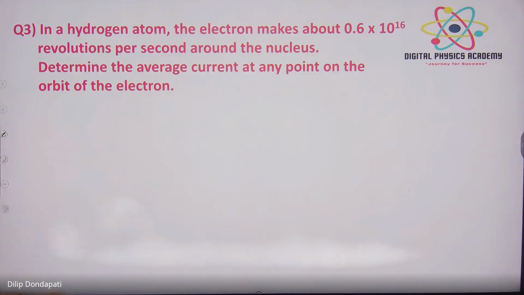Find it. In a hydrogen atom, the electron makes about this many revolutions per second around the nucleus. Determine the average current at any point on the orbit of the electron.